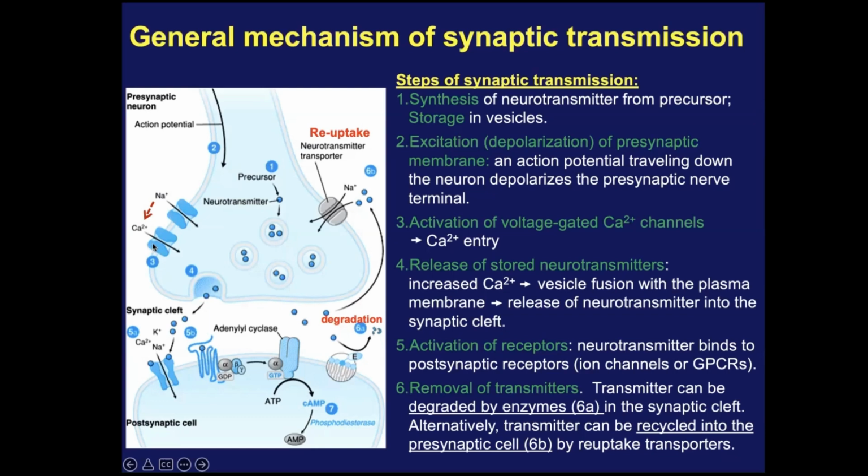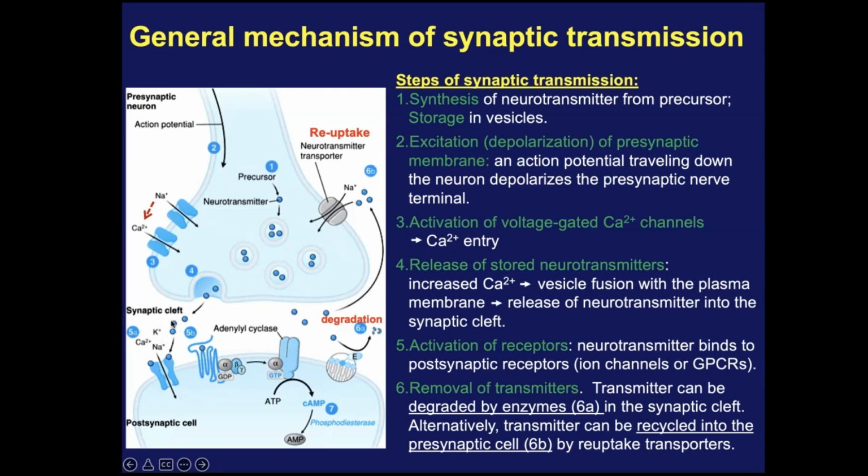When the calcium channel is open, the calcium will influx from the outside to the inside. And to increase the calcium level inside the cell, this will cause the fusion of these vesicles with the plasma membrane, so that the neurotransmitters can be released to this cleft.